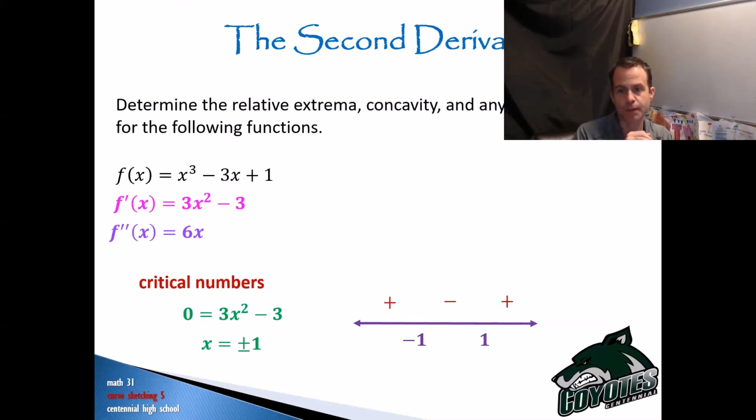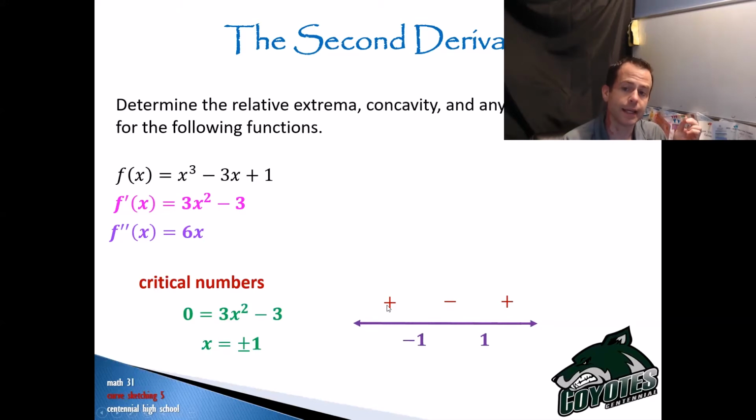Okay, and now we're going to analyze what we just figured out. So I can now say this function is increasing from -infinity to -1 in union with 1 to infinity. I can say this function is decreasing from -1 to 1.